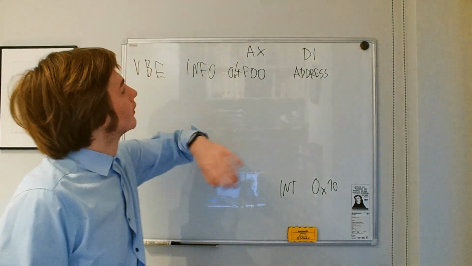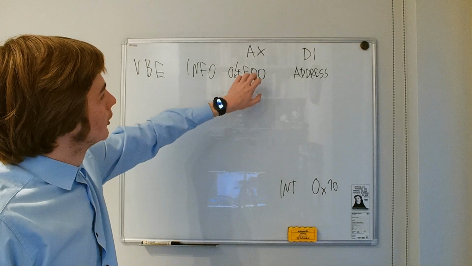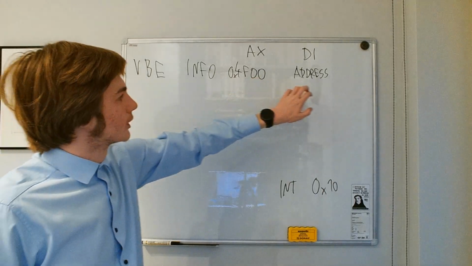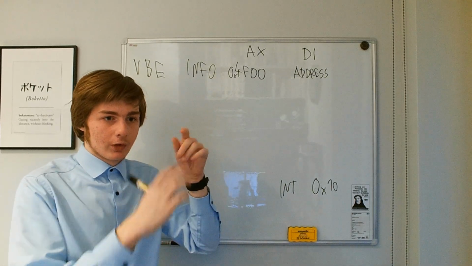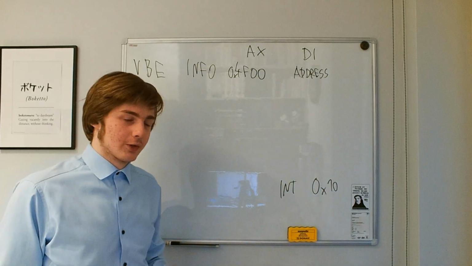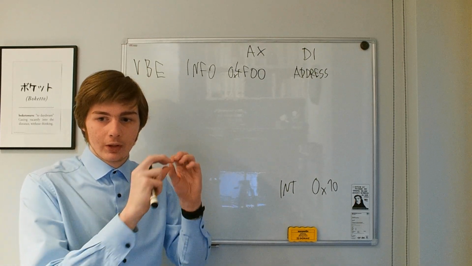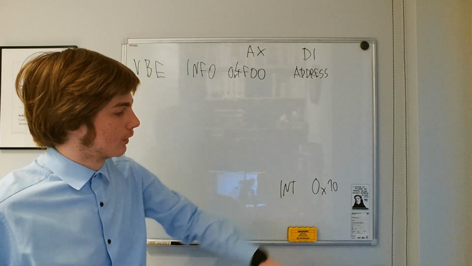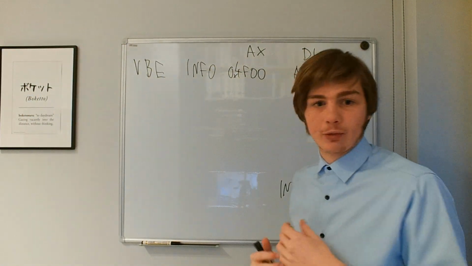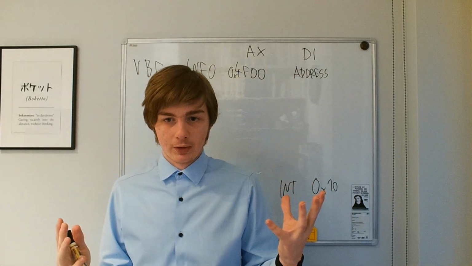So you set AX to this, you set DI to the address where you have the entire thing copy-pasted from the documentation of which parameter is where, and you call the interrupt, and those are going to be filled by VBE.